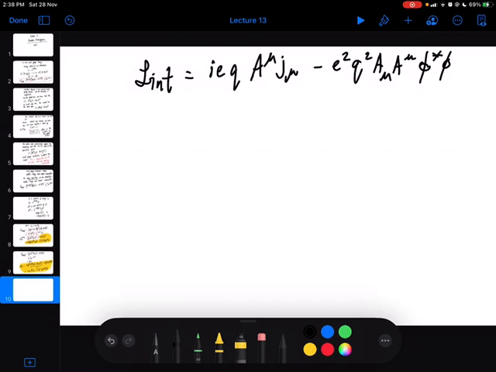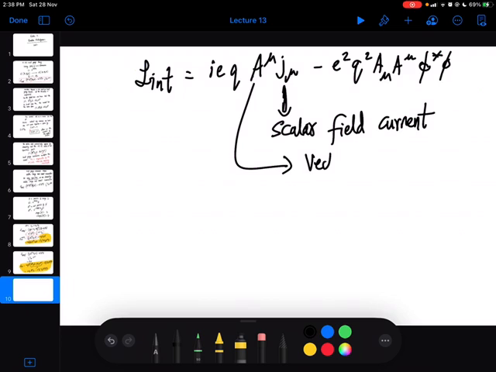Now this is a current interaction. All the interactions in nature appear as current interactions. The current here is made up of the scalar field current, and this is a vectorial current, a vector field, the current of a vector field.